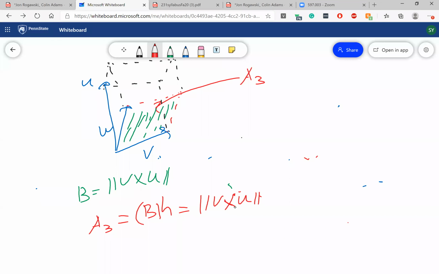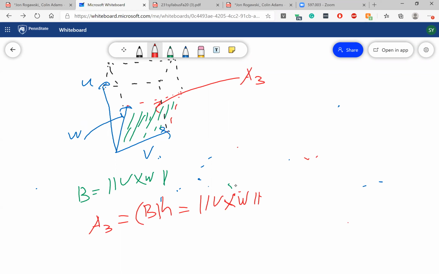Something interesting that we can do is look at the cross product of, oh, one second, this vector over here is W, sorry about this. So then this over here is V cross W.